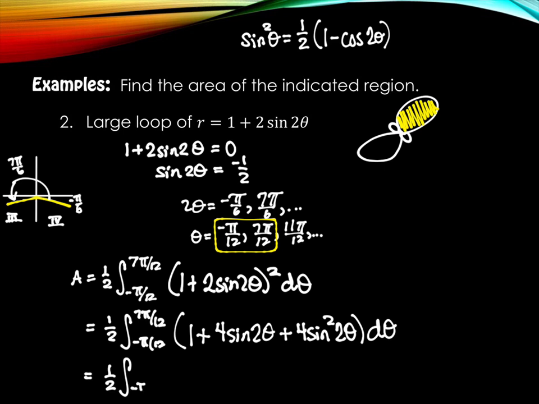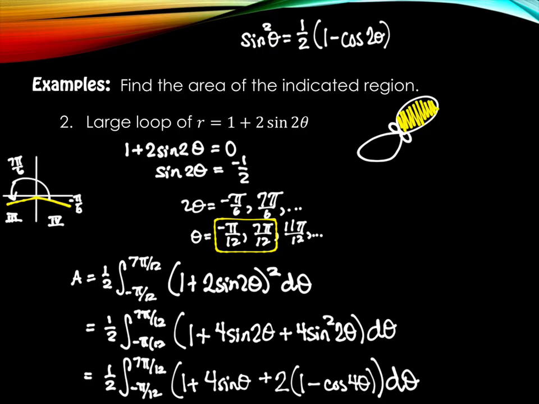I've still got my interval from negative pi over 12 to 7 pi over 12. I still have 1. I still have plus the 4 sine theta. None of that changes. But then I actually need to have half of this. So my 4 will get reduced by a factor of 2. So this will become a 2. And then I'm going to have 1 minus the cosine of double my angle, which now is 4 theta. Okay, so everybody see why my 4 became a 2? 2 and 1/2. Because of the 1/2. Yes. If you need to write it in to see that step, then do that.